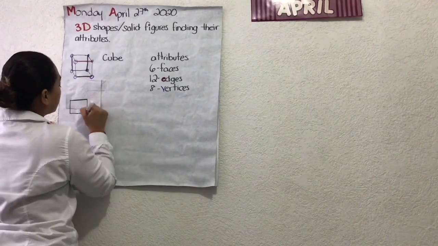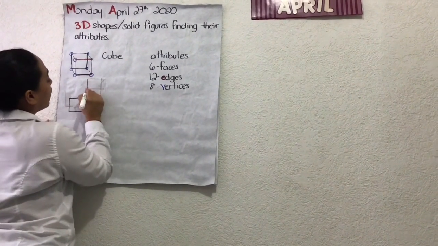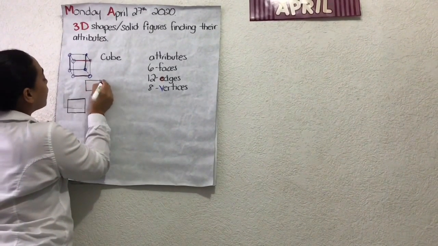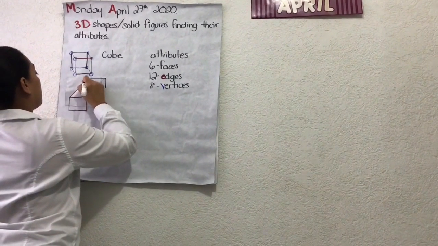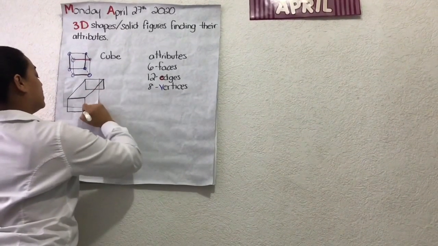Okay? Here, we make one big square, and then away from this one, we make another one. Now that we have them, we just match, okay? We match these and these.